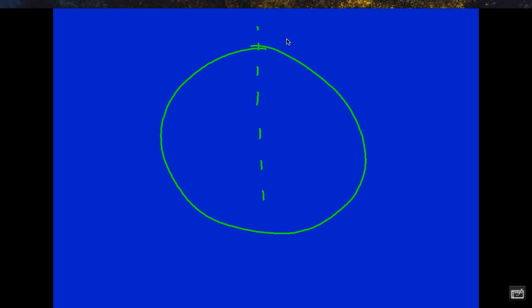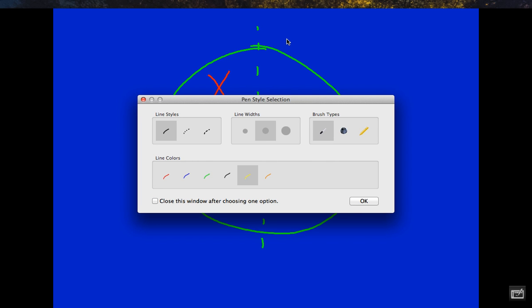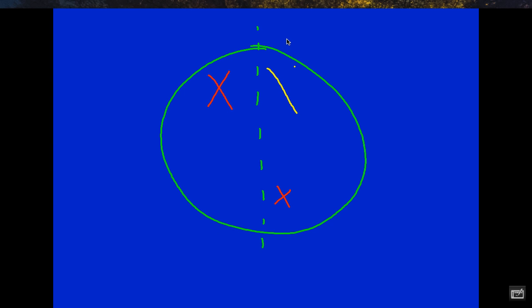So what happens here in our picture, we have our cell. We have our equator. And I have this chromosome here, this chromosome here, and this chromosome here, and this chromosome here. And what happens is they move and they separate.